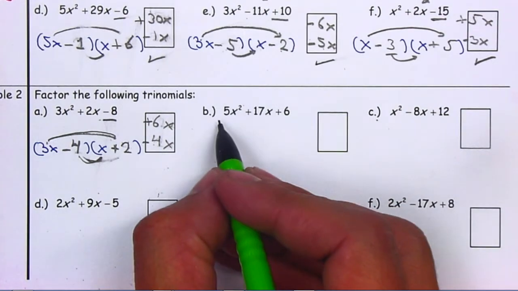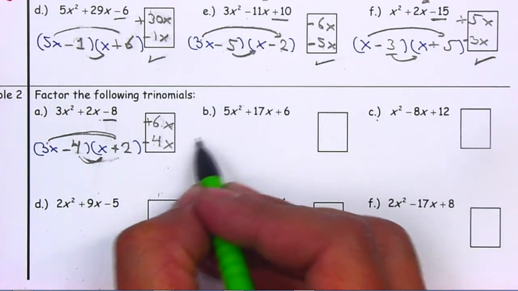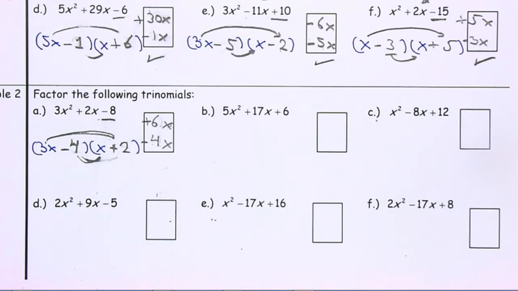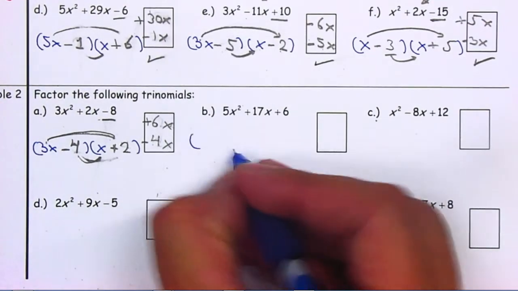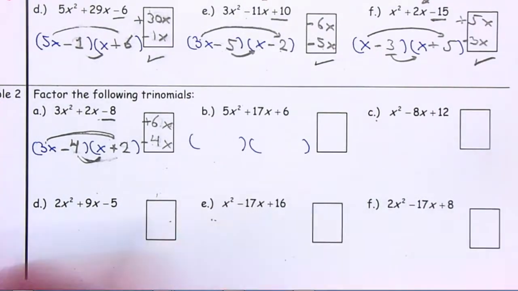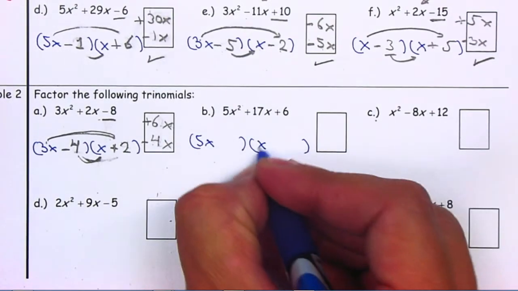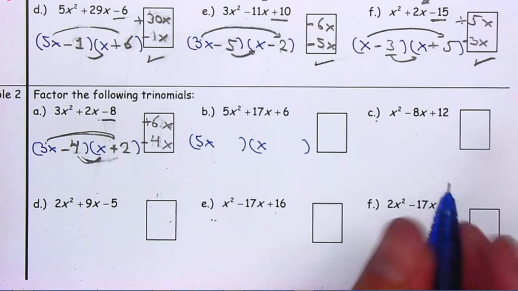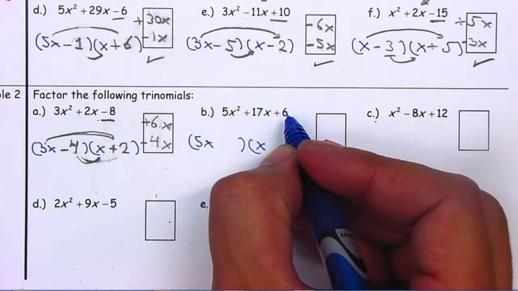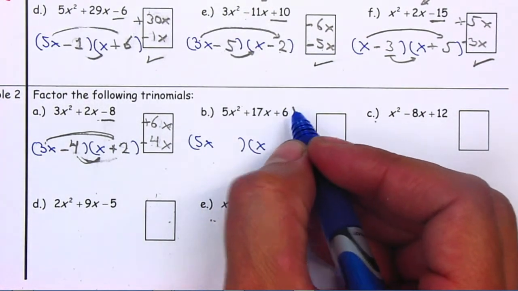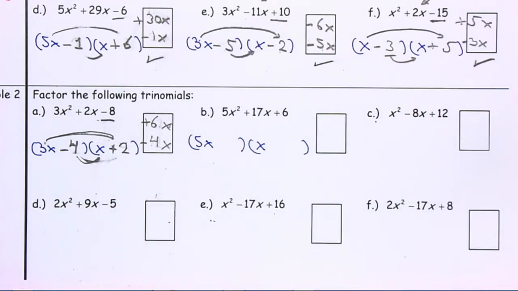Now, for letter B, if you notice they're all positive, that means that they both have to be positive. Double parenthesis. Factors of 5x squared are 5x times x. Factors of 6 is 3 times 2 or 1 times 6.